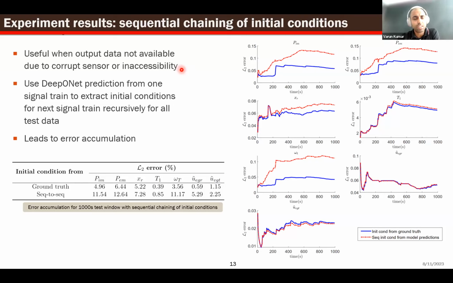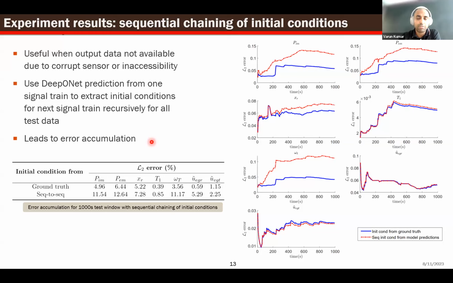This is important because in the field, the output data we have may be corrupted or may not be accessible for various reasons. You may have a corrupted sensor, which means your output measurement is faulty. So we want to see if we can use a sequence-to-sequence chaining type of setup to still come up with predictions for the output states.